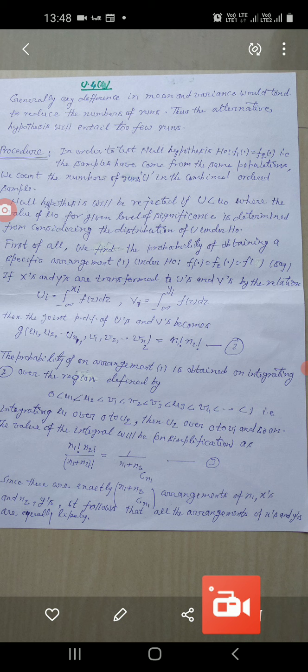The value of the integral, after simplification, is equal to n1 factorial n2 factorial upon n1 plus n2 factorial, and this is equal to 1 upon (n1 plus n2) C n1, and let it be equation number 3.